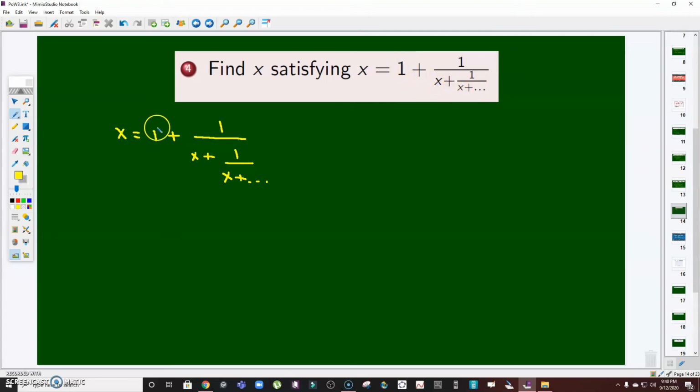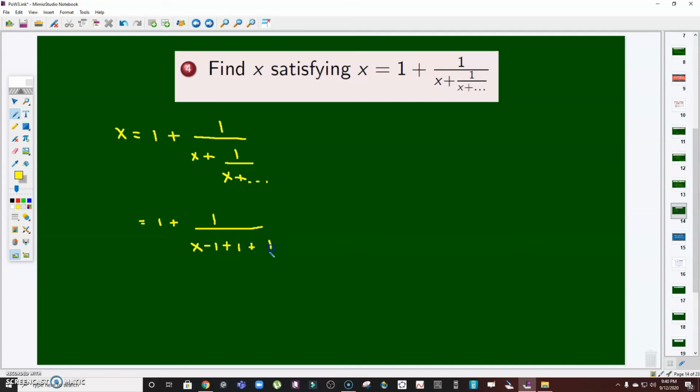There is a 1 here. What I'm going to do is subtract 1 but also add 1. What does this mean? I'm adding 0.